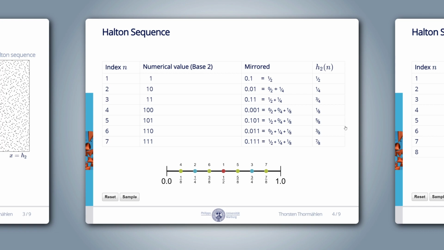For example, when we write down the decimal number 9553.82, this digit here is multiplied by 10 to the power of 0, so the factor is 1. The next by 10 to the power of 1, which is 10. 10 to the power of 2, which is 100. 10 to the power of 3, which is 1000. After the decimal point, we have 10 to the power of minus 1, which is 1/10.